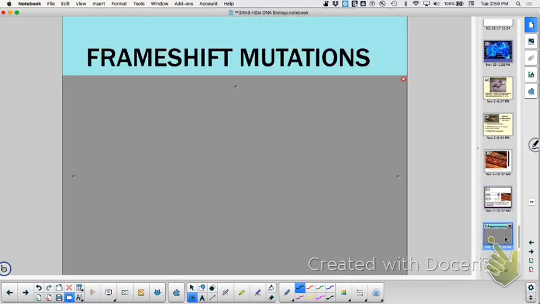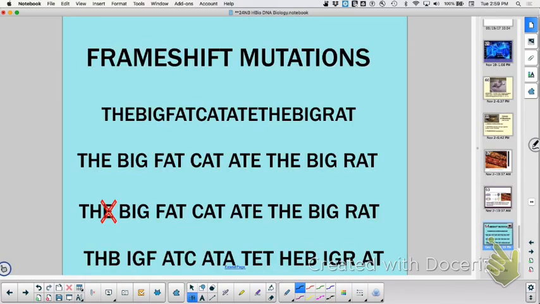And then we talked about frame shift mutations, right? And I used simple 3-letter words. When you do a frame shift mutation, it impacts every codon from there on out. So it's not like if I had just replaced the E with an A. Could we still read this?